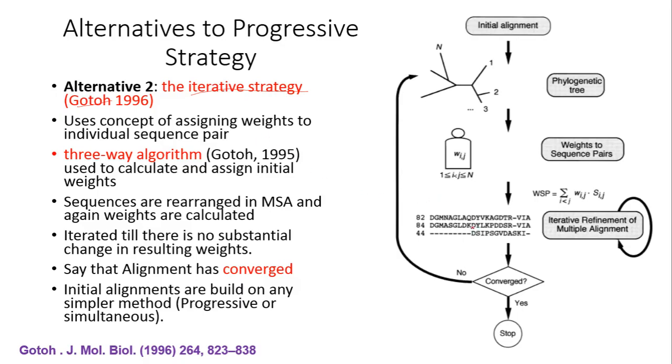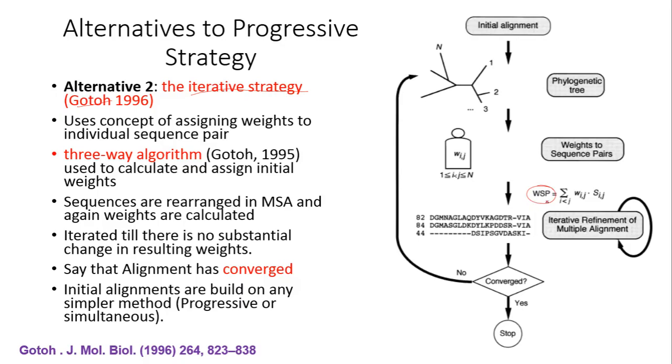Okay, so what you begin with is something called the initial alignment. In that initial alignment you assign some weight to those sequence pairs. You can use this weight function, which we won't go into more detail of.